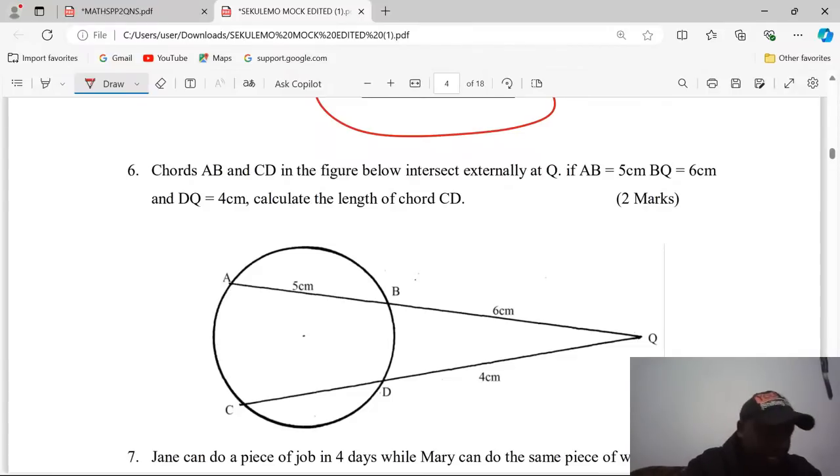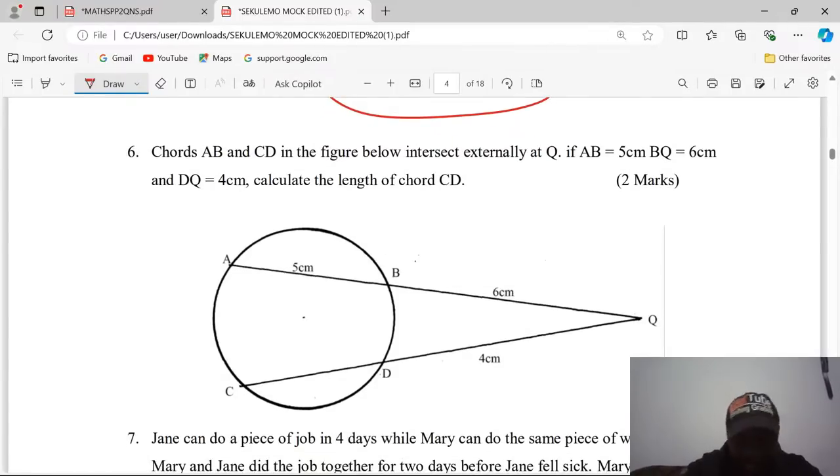For us to calculate the unknown length, we are supposed to know that when chords are intersecting externally, there is how the proportions of the total chord are supposed to relate. Because the chords have been labeled, allow me to use the labeling in this diagram to give you a summary of what you should do.